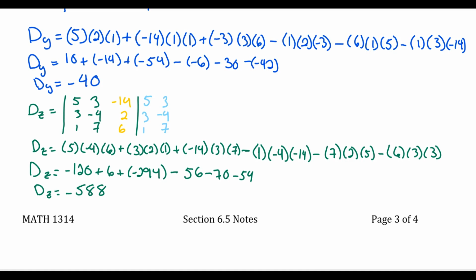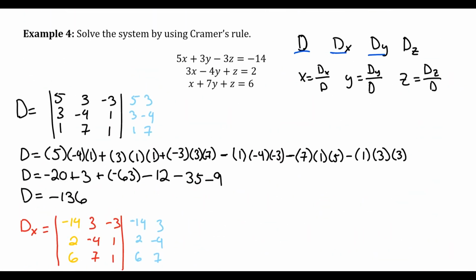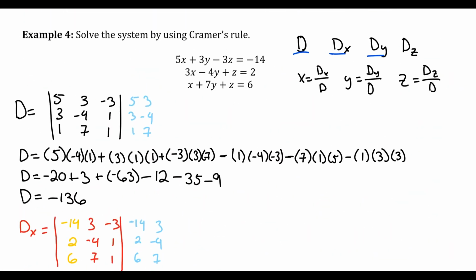So all I've done so far is actually found my determinants that I need to plug in up here. So I have x, y, and z. The d that we first found goes on the denominator of all three of them, so -136. Then my numerator for x is my d sub x.